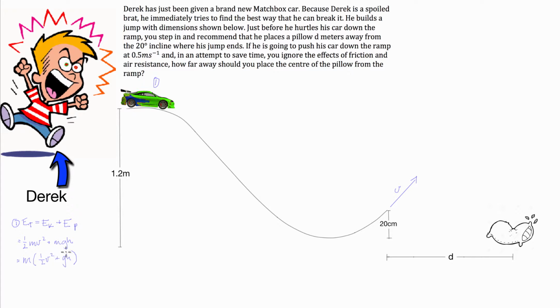So we sub in the numbers that we know. This is equal to m outside of 1/2 times his velocity, which at the start is 0.5, squared, plus 9.8, which is g, or 9.81, times his height, which is 1.2.